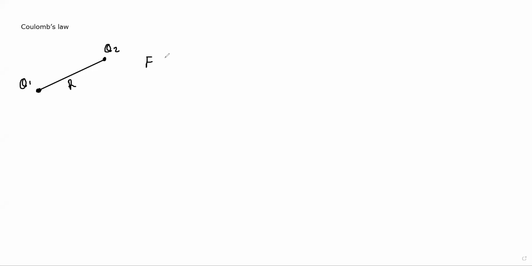Later on, we will talk about the direction, but for a while, let us understand the magnitude. As per Coulomb's law, magnitude of force is directly proportional to the product of the magnitudes, Q1 Q2, divided by, meaning inversely proportional to, the square of the distance between them, R square. So this is what Coulomb's law is.